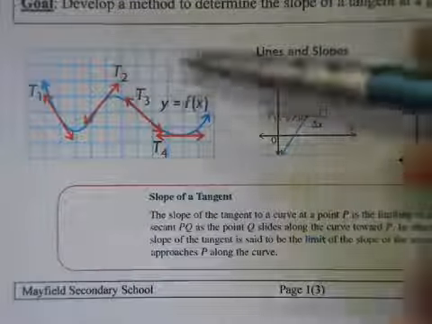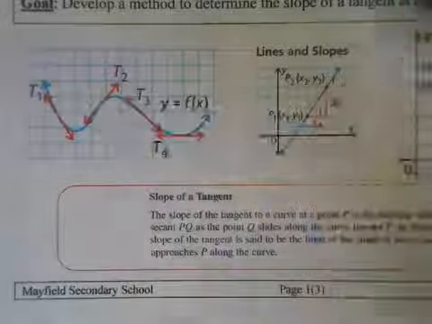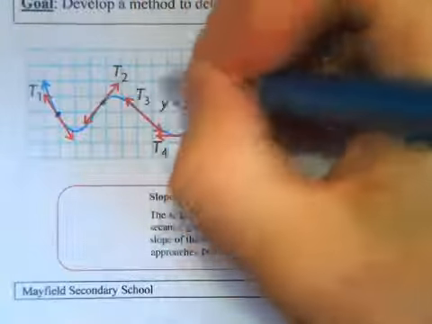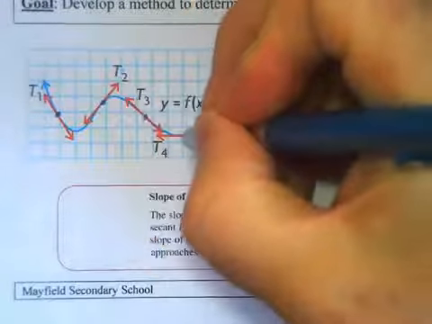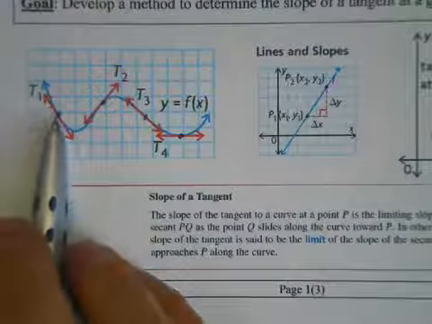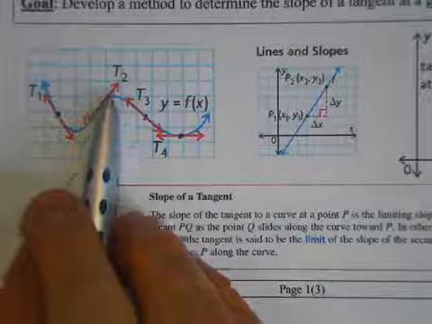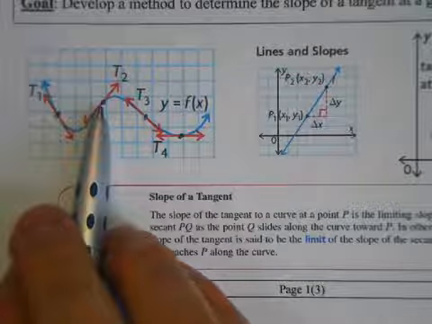These are tangent lines at points on this function f of x. They didn't actually put where the points are here, but I can give you a pretty good idea. T3 is probably about halfway. Basically, T1 is the tangent at that point on f of x, and T2 is the tangent line at that point on f of x.